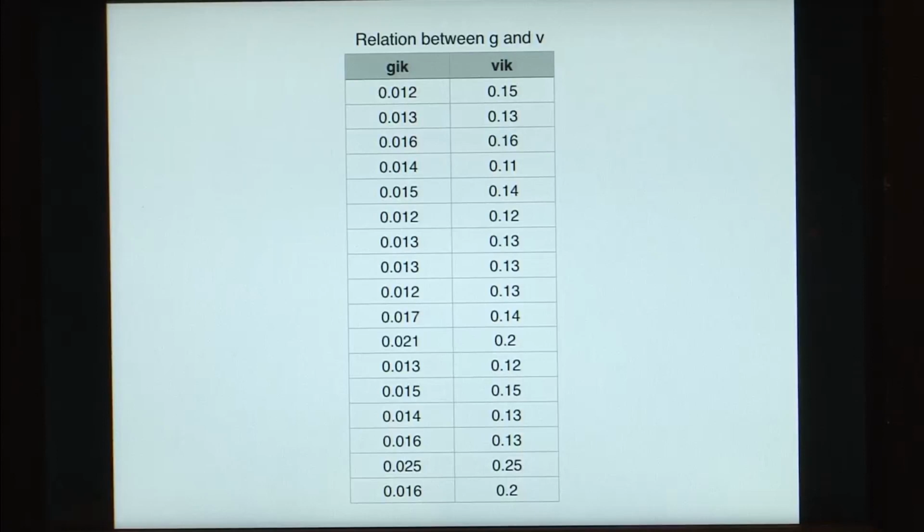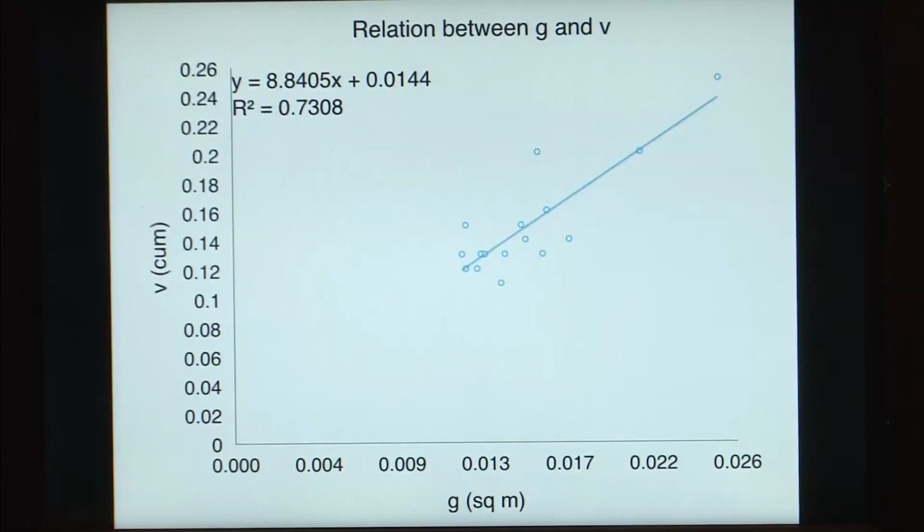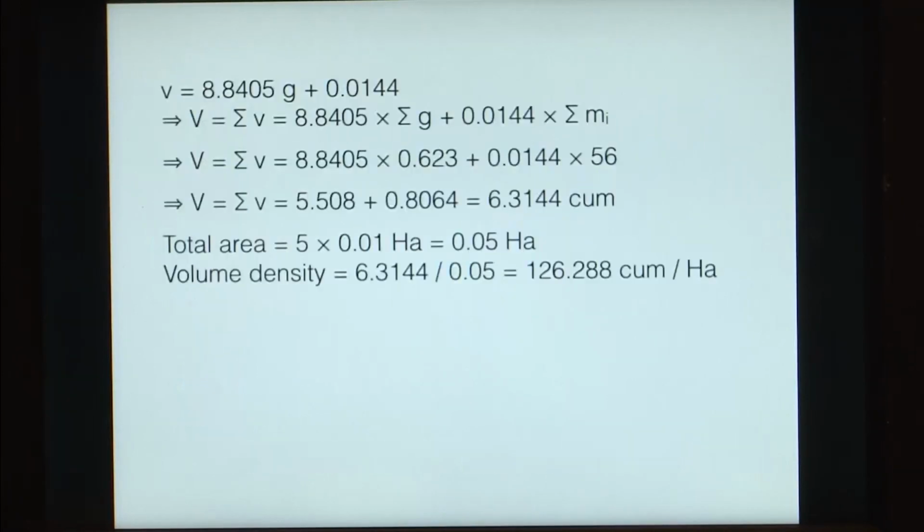So, now coming back to the slides. So, we took these values of G and V, then we plotted them together to get this curve and to get this regression equation. So, this is our regression equation, y is equal to 8.8405 G plus 0.0144.